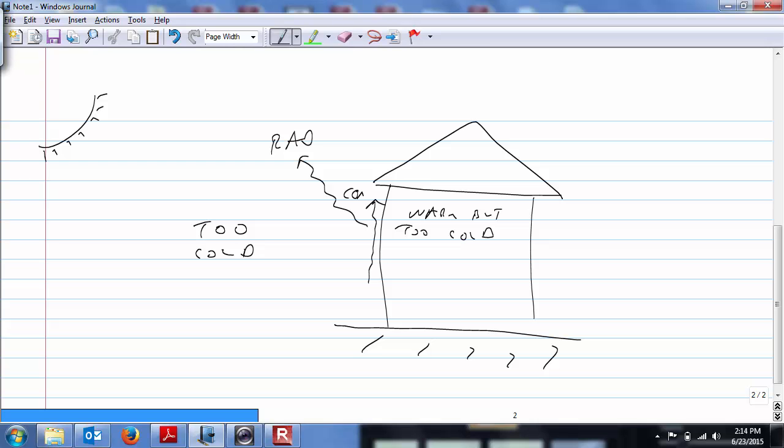Isn't radiation and convection the same form? Radiation and convection are not the same. Radiation is transferred with photons: light, ultraviolet, infrared, etc. Convection is transferred with mass, actual hot air molecules moving away. And the third one is conduction.